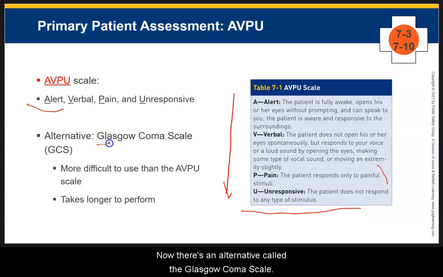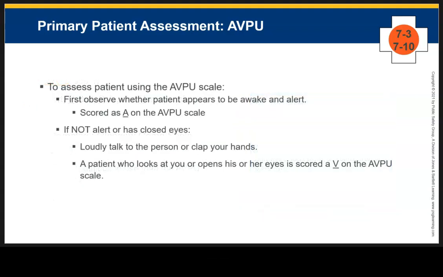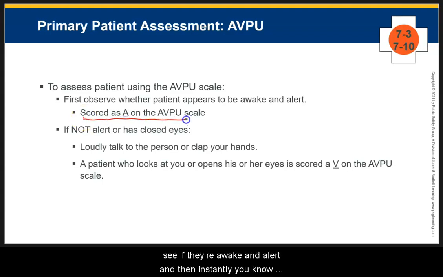Now there's an alternative called the Glasgow Coma Scale, which relies on a scale of up to 15 possible points. To assess a patient using the AVPU scale, see if they're awake and alert, and then instantly you know they're A. If they're not alert or their eyes are closed, they're going to be further down on the AVPU scale.